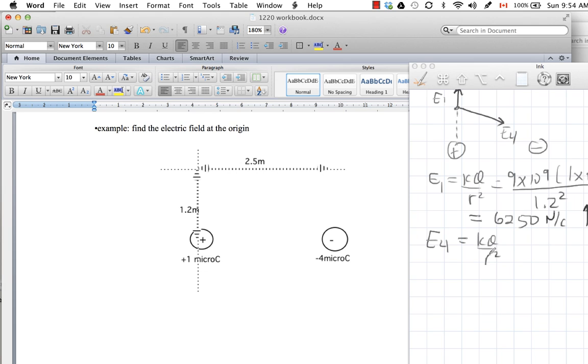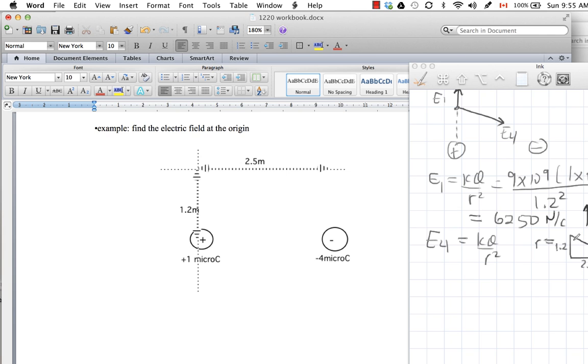It's going to be on an angle, and we need to know what r is. Now, we're told that this distance is 1.2, and this distance here is 2.5, so the r distance is just this hypotenuse here. I guess we could draw it here for clarity. So this is 1.2, this is 2.5, and this is the hypotenuse, and that works out to be 2.773.